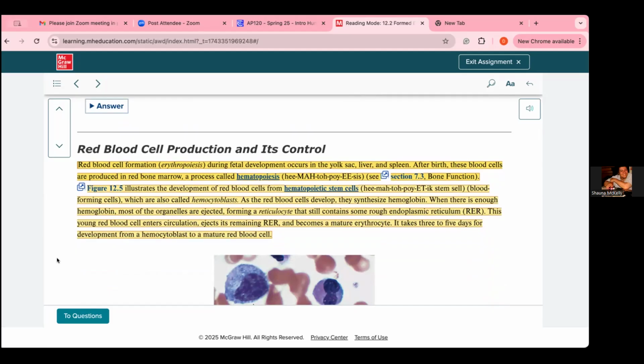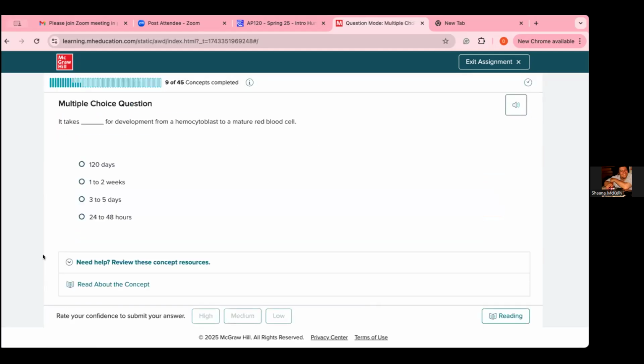That's the last sentence in this paragraph. Takes 3 to 5 days for the development of a hematoblast to a mature red blood cell. Okay. So it's 3 to 5 days.